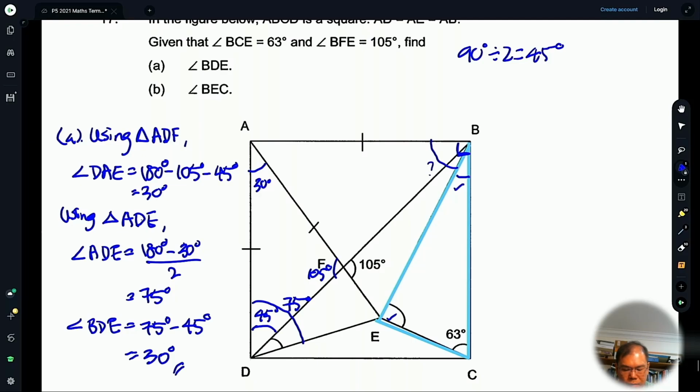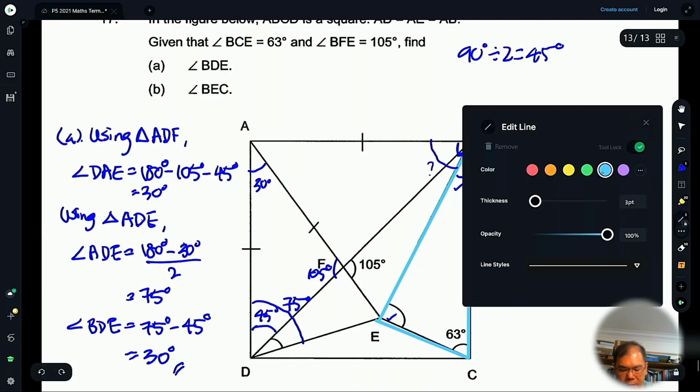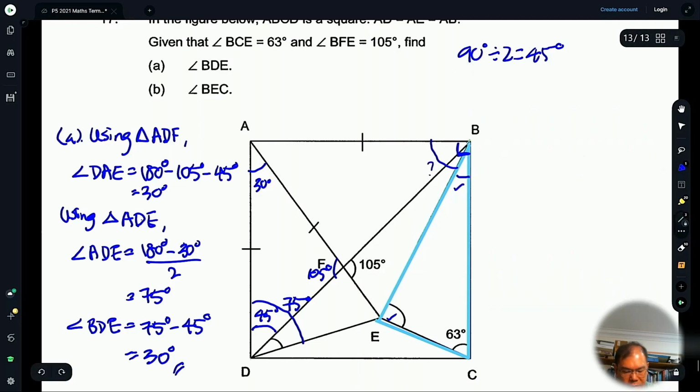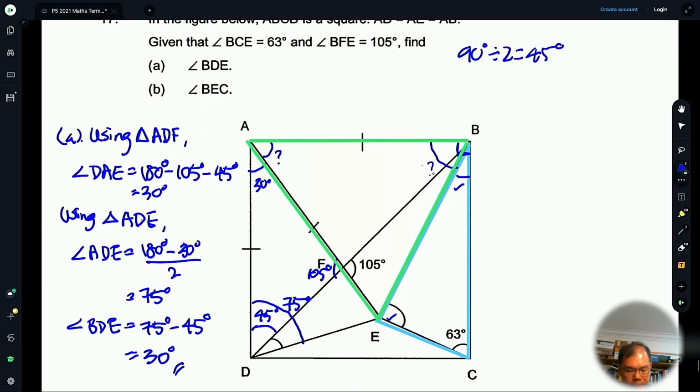I can make use of this isosceles triangle. If I know this angle here, I can find this angle here.